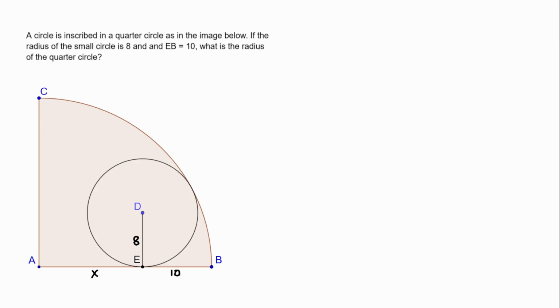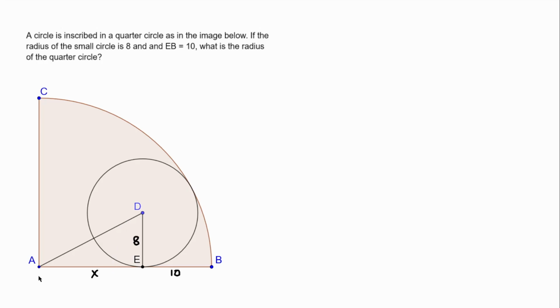And the way we will do this is to construct this line segment from A to D, which makes a right triangle, ADE, with the right angle at E. Now, it's not so simple to know how we express this hypotenuse algebraically, but if we could do that somehow, then we can just write up an equation using the Pythagorean theorem, and maybe we can solve for x that way.